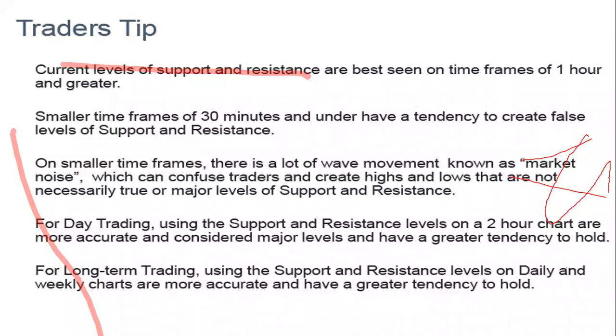For those of us using MT4, I think after H1, we have H4. Most day traders are using H4 for their support and resistance. For long-term trading, like swing traders, using the support and resistance levels on daily and weekly charts are more accurate and have a greater tendency to hold.